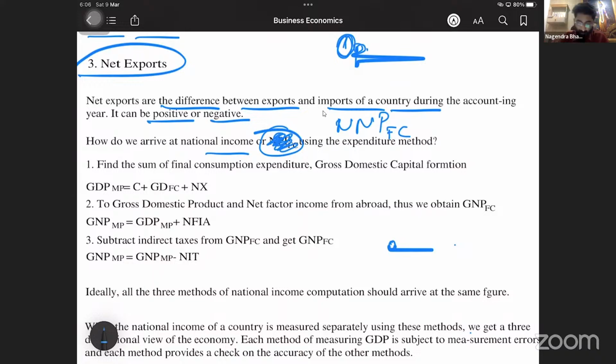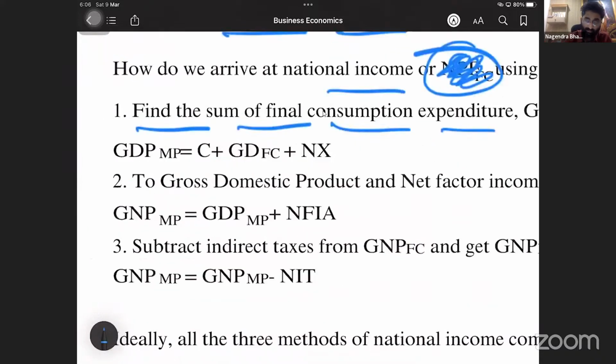How to bring it there? See, find the sum of final consumption expenditure, that is C, GDP at factor cost, and net exports. So this you have to calculate by this.